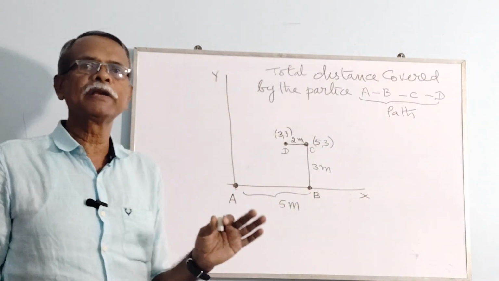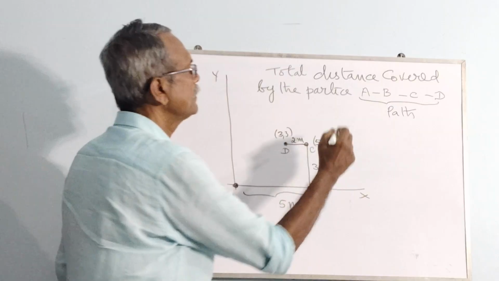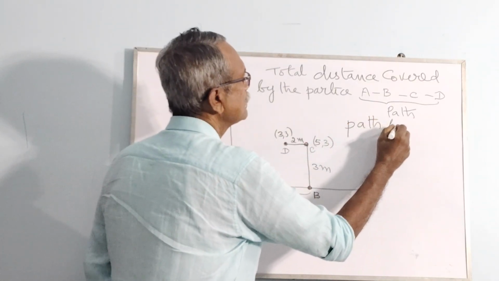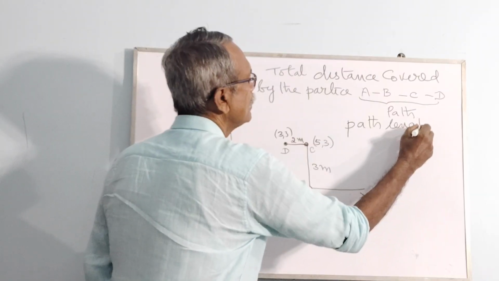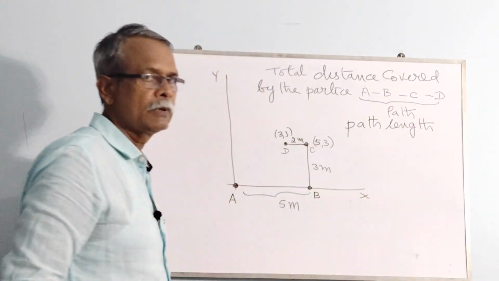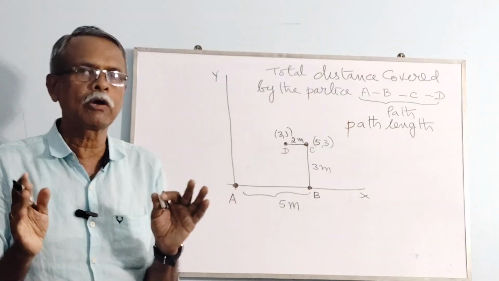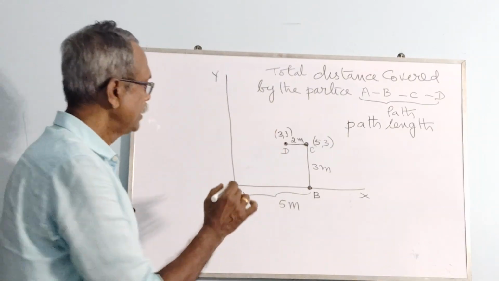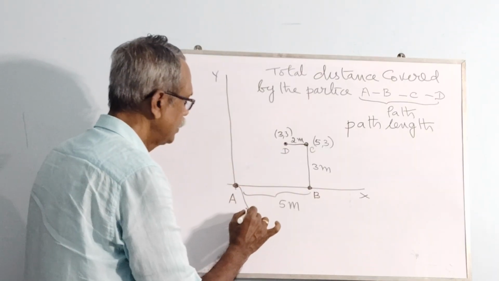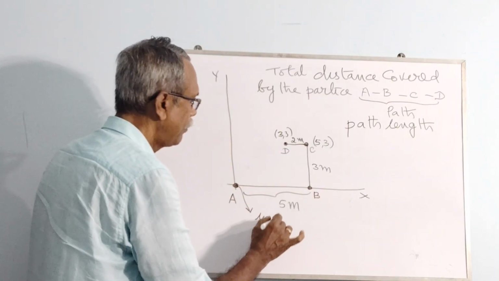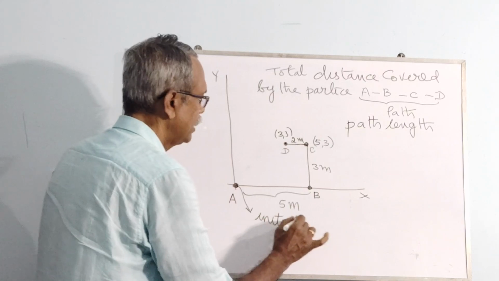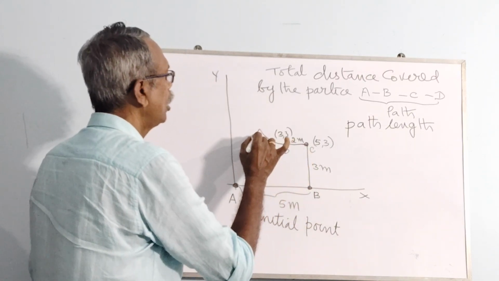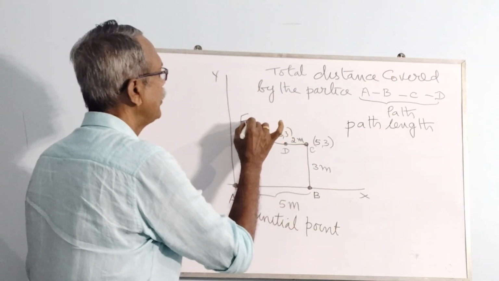So the total distance covered by the particle is called the path length. Path length of the particle. It is a number. It has travelled a particular distance from A to D. This point A is called the initial point. This point is called the final point.